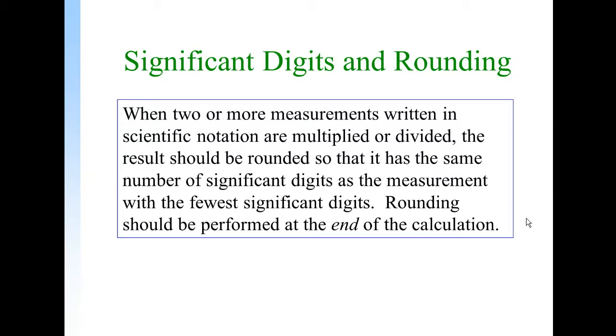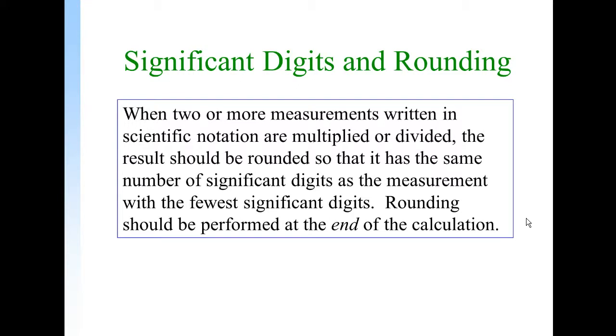But if one measurement has 2 significant digits and another has 4 significant digits, and you're kind of multiplying those in a sense, how many significant digits should you have in your answer? And the key is it's the least number.